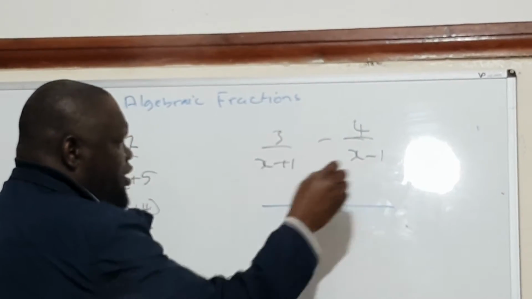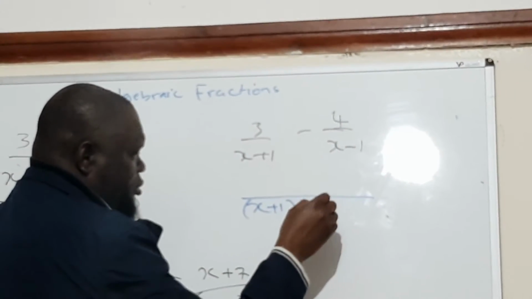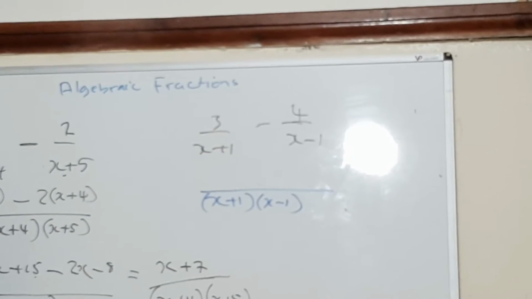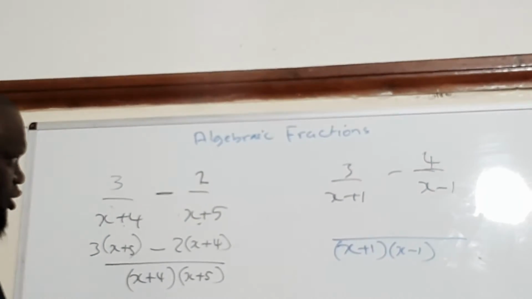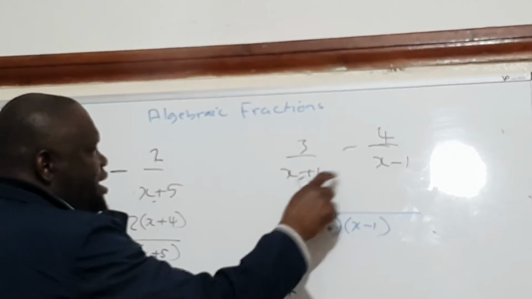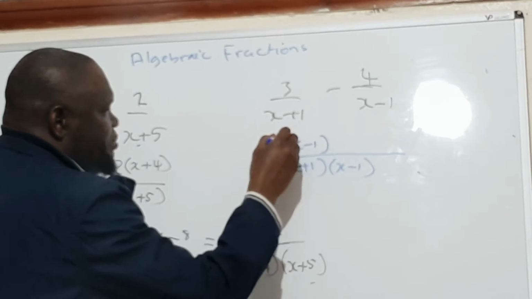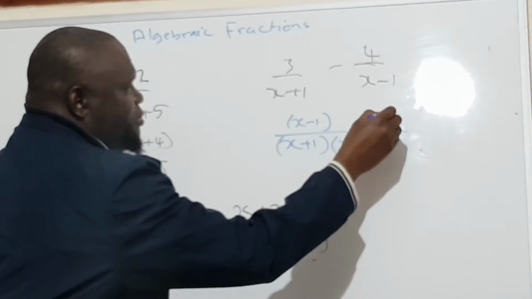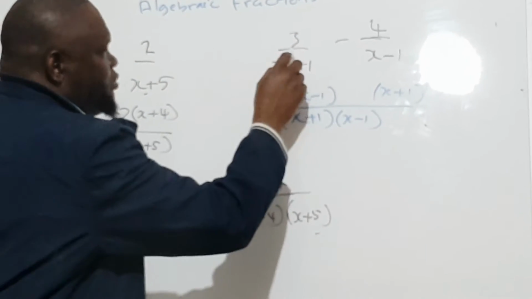Your LCM will be the multiplication of the 2. Don't sleep. This will go that time, that will go that time. So if you want, you can put x minus 1 here in the bracket, and you put x plus 1 here in the bracket. So this will go for that, that will go for that.